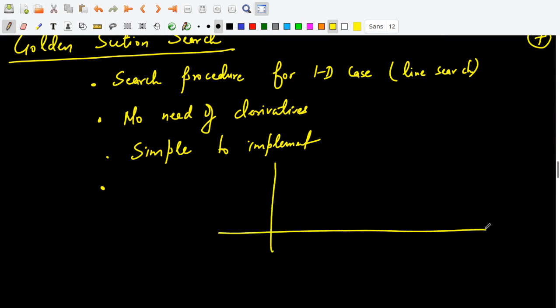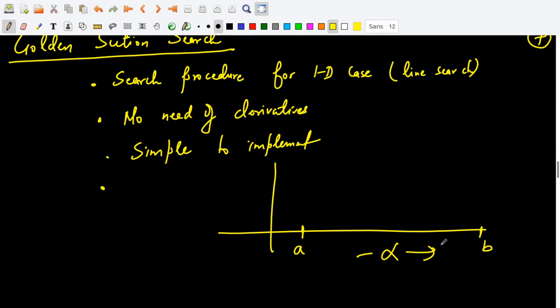So again a picture, alpha here. Somebody comes and tells me that you have to search for alpha between these two points only. You have to find the best possible value of alpha so that some function is minimized.